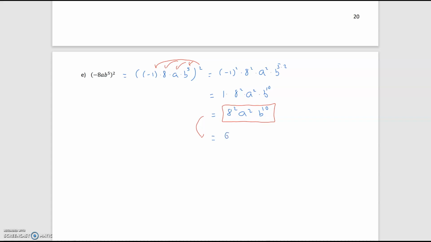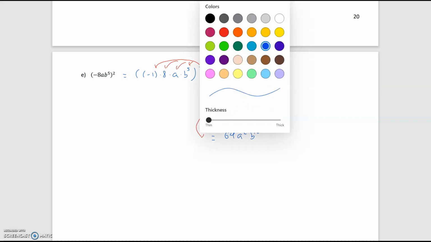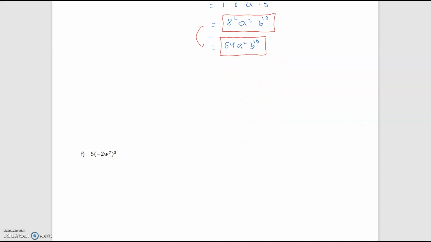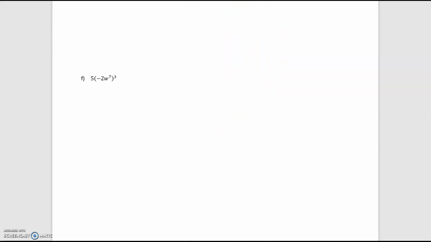So in this case, 64 a to the second b to the 10th. And that's it for this one. Let's take a look at F.